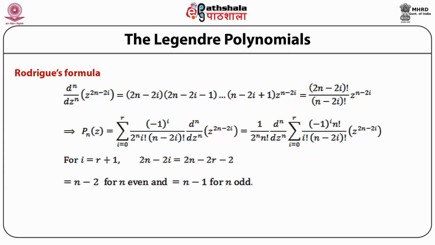So, d by dz raised to power n of z to the 2n minus 2i is equal to 2n minus 2i multiplied by 2n minus 2i minus 1 and so on till n minus 2i plus 1 into z to the n minus 2i. This is equal to 2n minus 2i factorial into z raised to power n minus 2i divided by n minus 2i factorial.